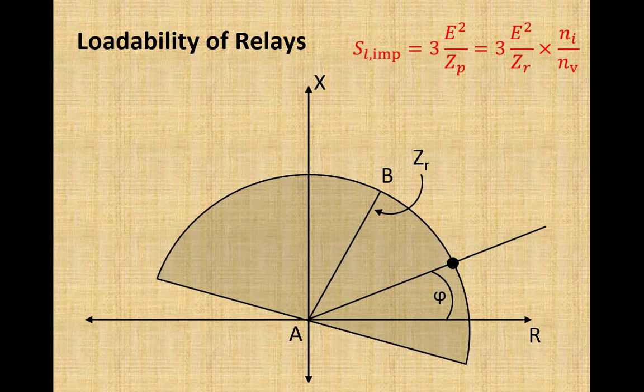According to the definition, the loadability is three-phase power. That's why we have multiplied this calculated power with 3, so that becomes 3 into single phase power, that is E square over ZP.